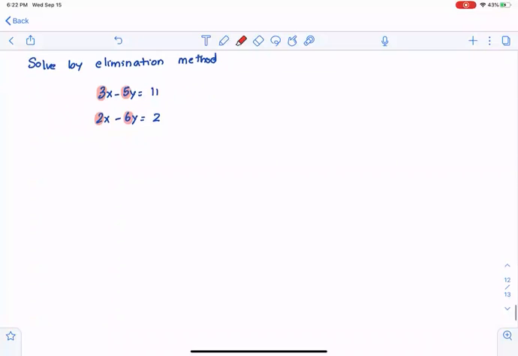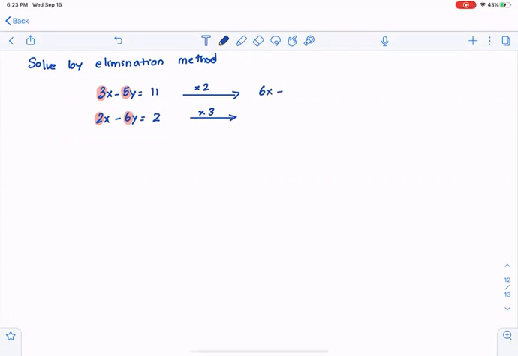So we need to find a common factor between 3x and 2x. For me, that is going to be easier to solve. So I'm going to multiply the first equation by 2, multiply the second equation by 3.